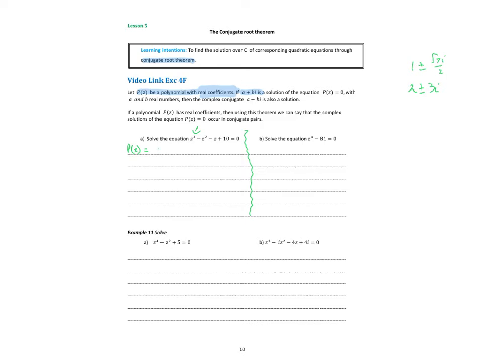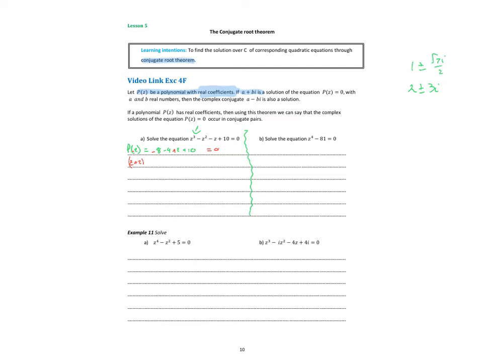P of 2 is equal to 8 minus 4 minus 2 plus 10. So if I make it a negative, I reckon a negative will get close. P of negative 2 is minus 8 minus 4 plus 2 plus 10, equal to 0. So P of minus 2 works, so z plus 2 is a factor. So we might do our normal division, and we'll look at that in a minute.